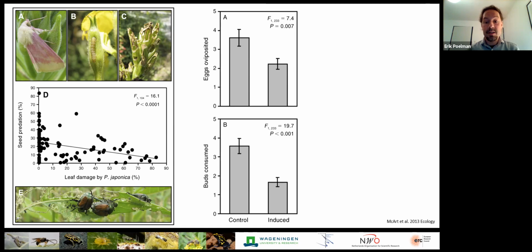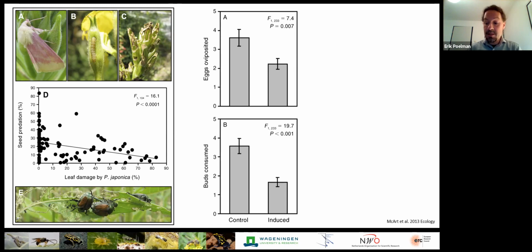And what you see is that if the plant was first attacked by this leaf-feeding herbivore, you get fewer individuals of the second species attacking the reproductive tissues. And if you start to think about this more from an evolutionary perspective, you might start to argue that actually herbivore 1 that's feeding on the leaves has a very important effect on the reproductive success of that plant.